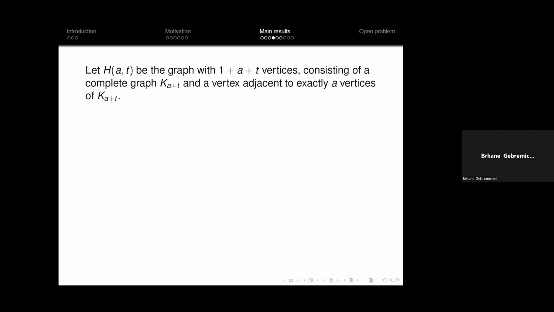First, I will show the result of Graves, Cullen, and Park, how they obtained a new bound for the cliques if there are some restrictions.